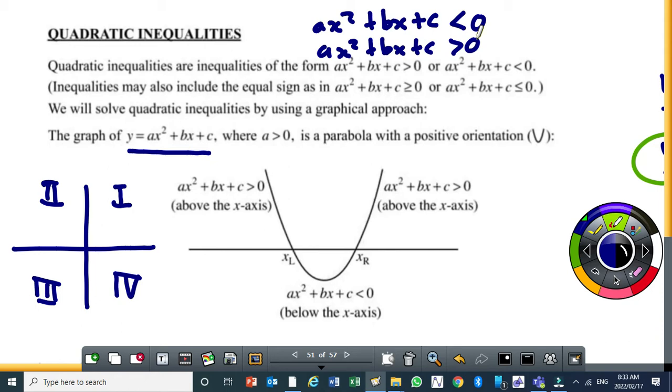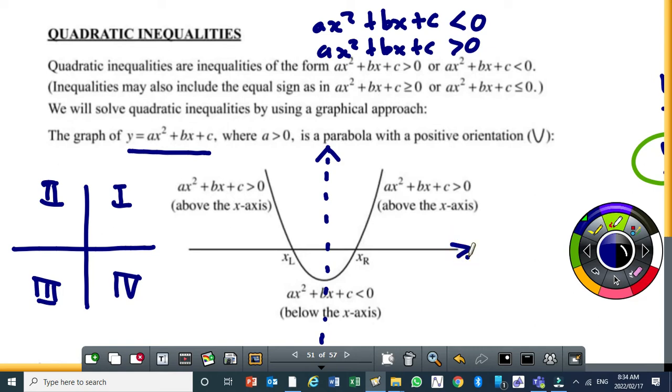Okay? If I put ax squared plus bx plus c is greater than 0, it means the y values are positive. Therefore, if I draw my Cartesian plane, for the case where ax squared plus bx plus c is greater than 0, generally, that function will have two x-intercepts, okay? So let's say this is my y-axis, this is my x-axis.